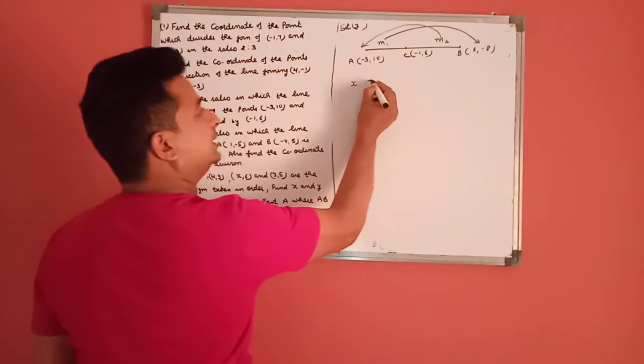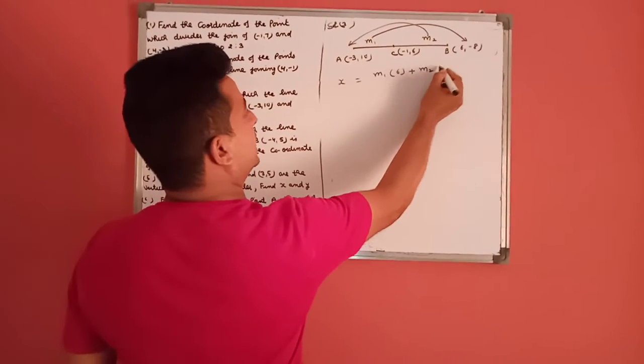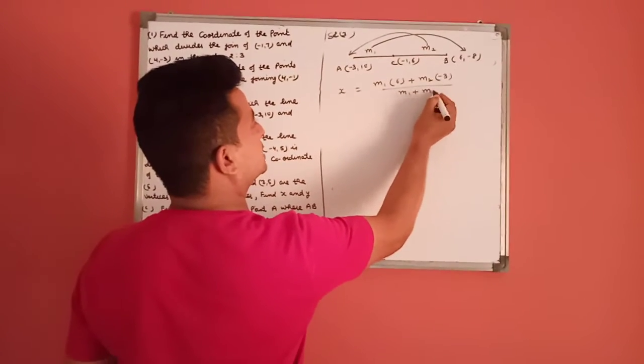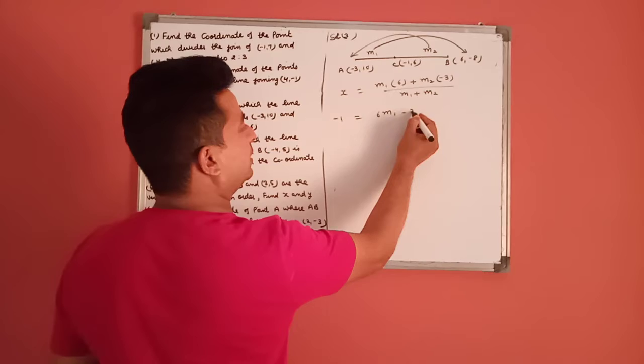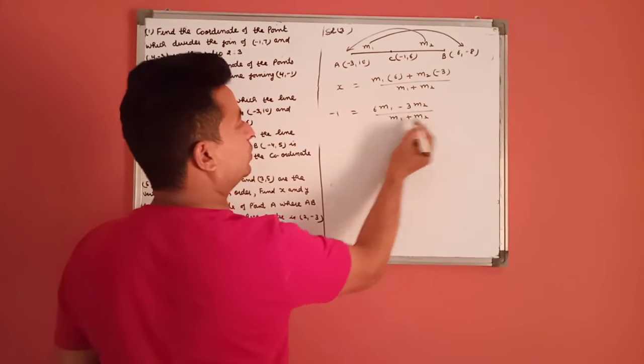So x is (m1 x2 plus m2 x1) divided by (m1 plus m2). Here x is 1, so this is (6m1 plus 3m2) over (m1 plus m2).